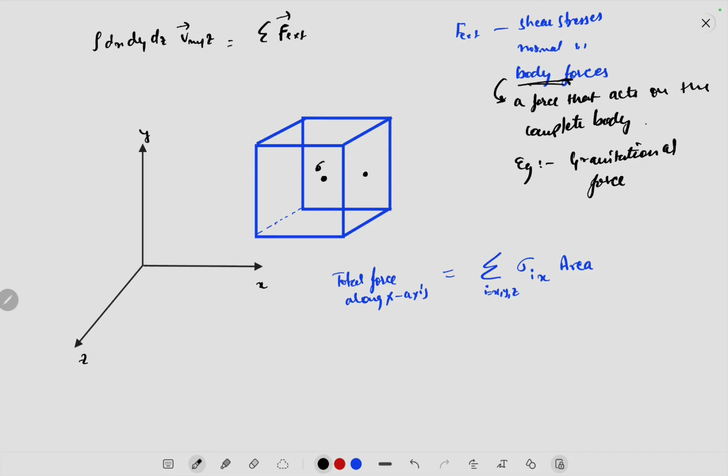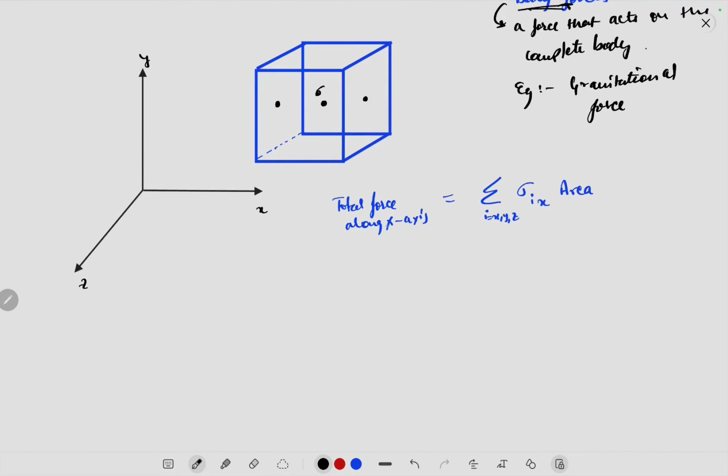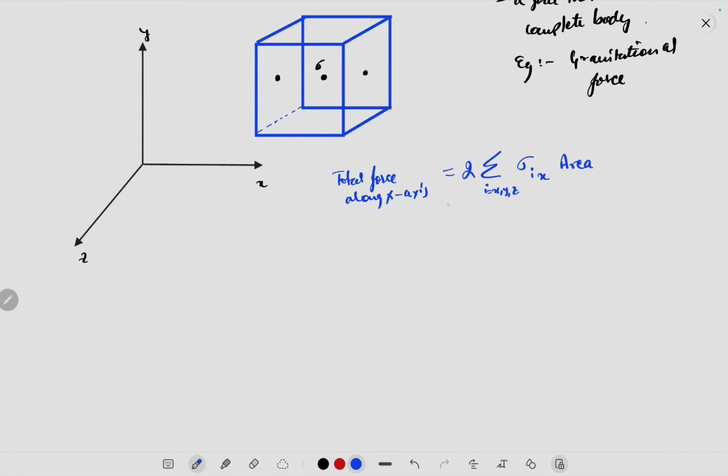This will be given by Taylor series, and similarly sigma on this plane will be given by Taylor series. So now let's focus on this thing. So total force along the x axis, this should be actually 2 times, because if you see it carefully, this should come twice.